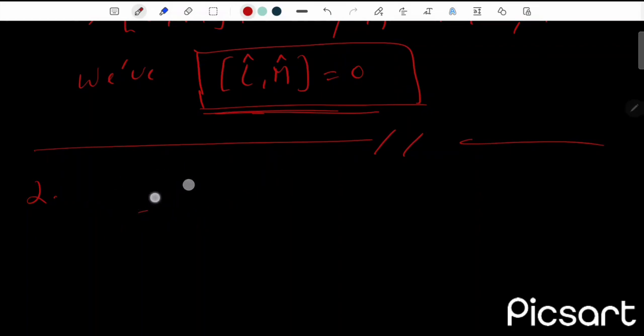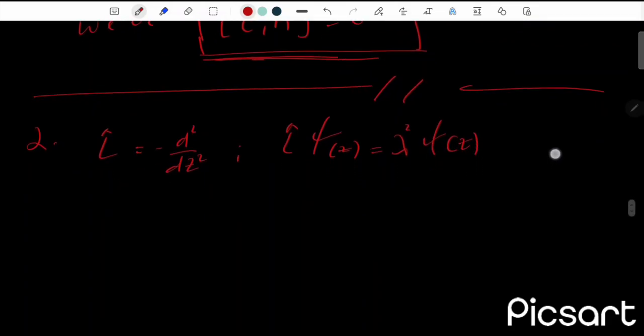Or I can say here we are calling L as minus d squared over dz squared, and we have the possible eigenvalues of the L operator acting on psi of z, and we must get the eigenvalues lambda squared times psi of z.